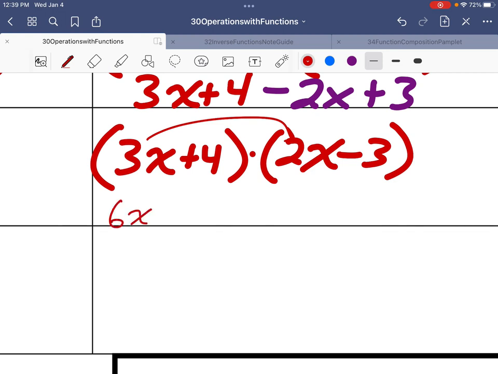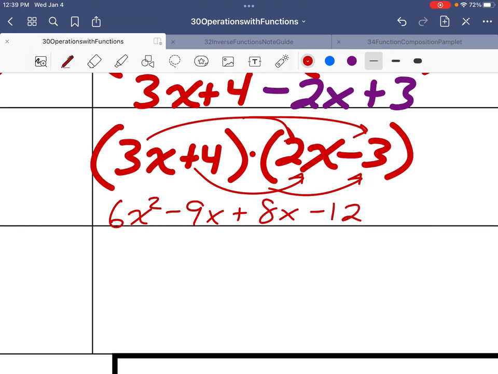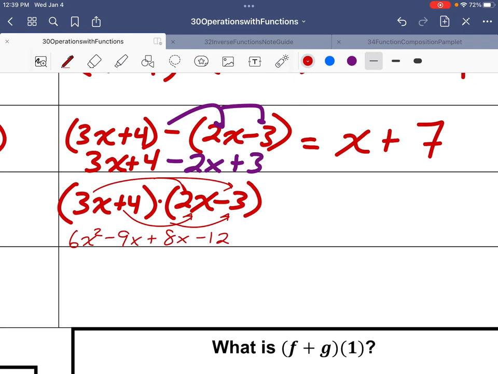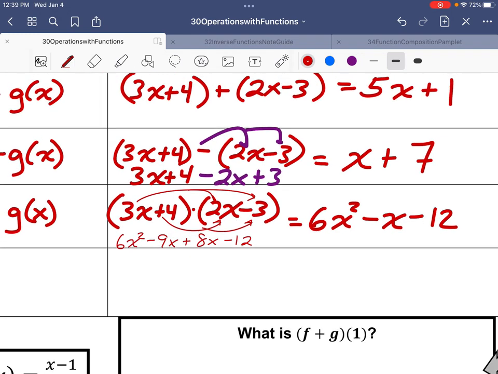And so I want to multiply the first together. I get a 6x squared. The next group together gives me negative 9x. Continuing, I get 8x. And finally, negative 12. And when I add those like terms together, that is the x's, they will become just negative x. Of course, I still have my 6x squared and my minus 12.